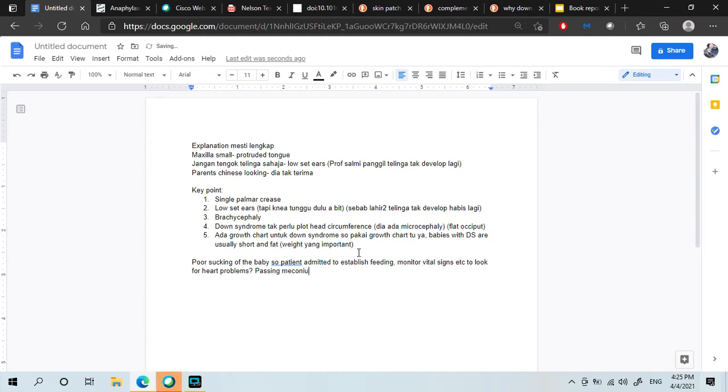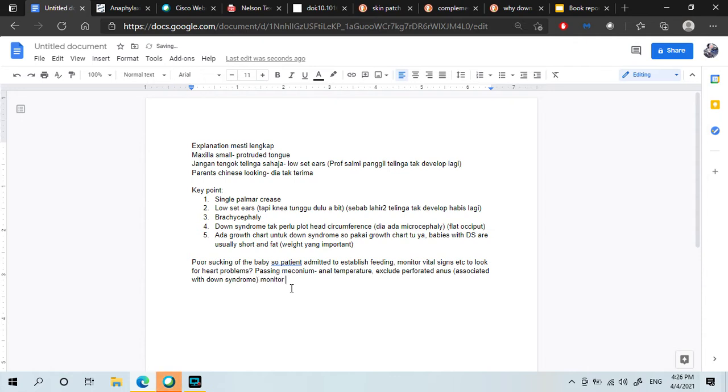But before that, when you do the examinations of the newborn to make sure you put the temperature tu, anal temperature. So bila you check anal temperature tu, you are excluding also the imperforated anus because it is highly associated dengan Down imperforated anus. Okay, so you monitor the BO of the patient. So satu feeding, vital sign, BO of the patient.